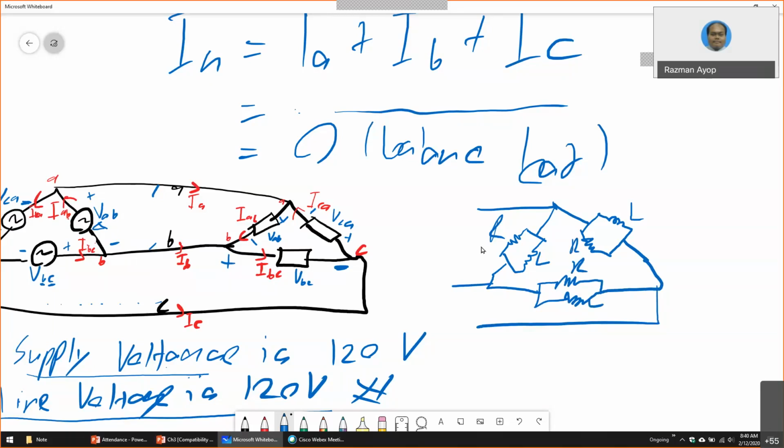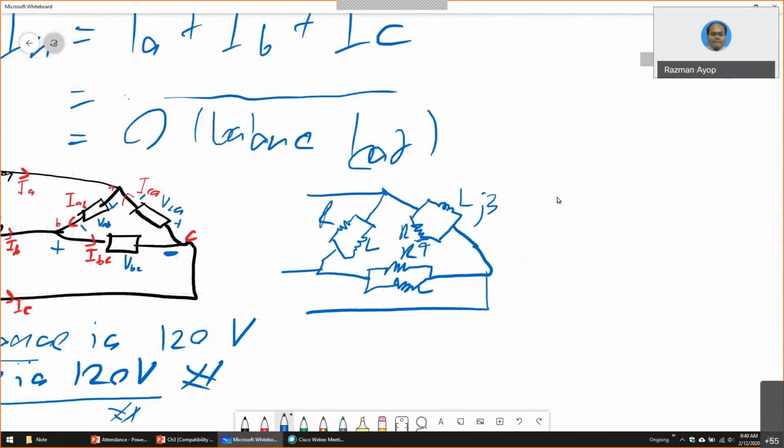For example, R is 4, and this one is J3. Make sure you know how to calculate this. Of course, it is parallel.